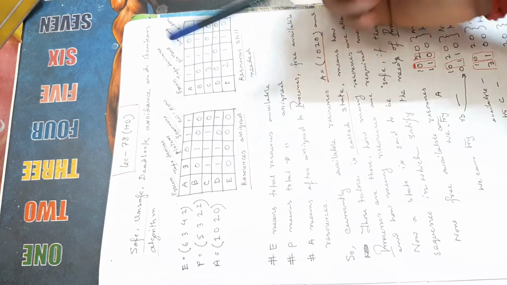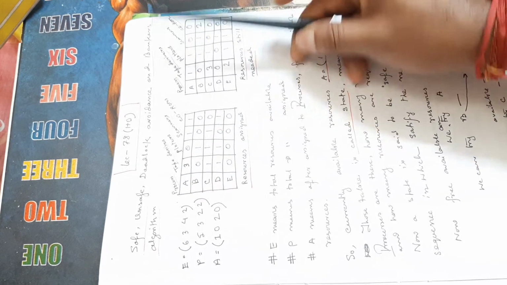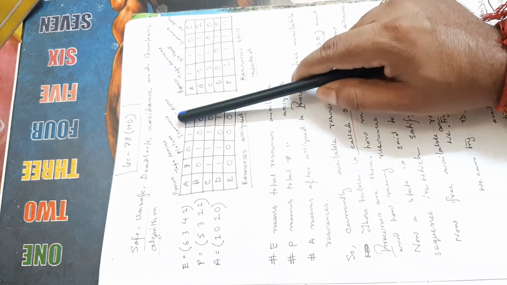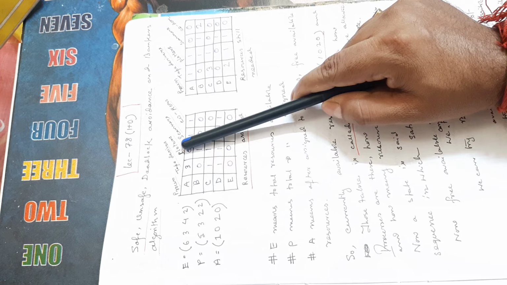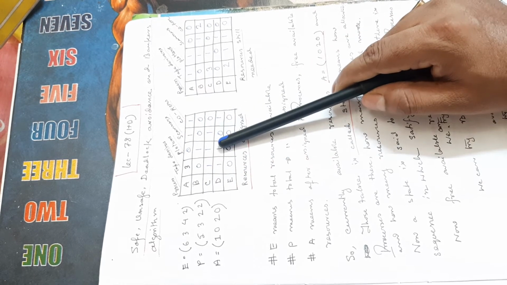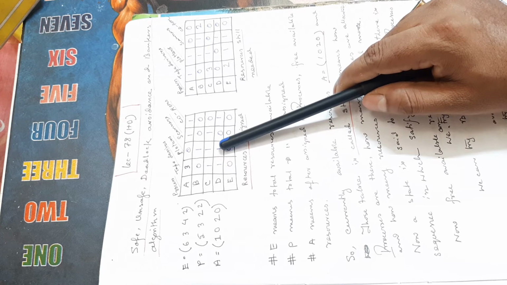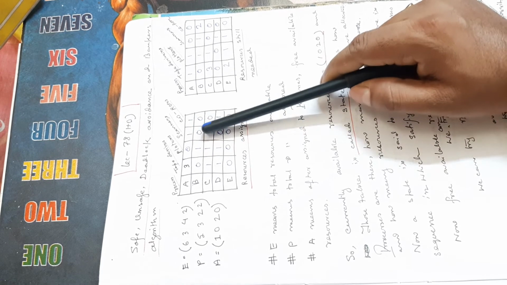Now we have five processes: A, B, C, D, E, and we have four resources, that is tape drive, plotter, scanners, and the CD-ROMs. This matrix shows which process is assigned how many resources.